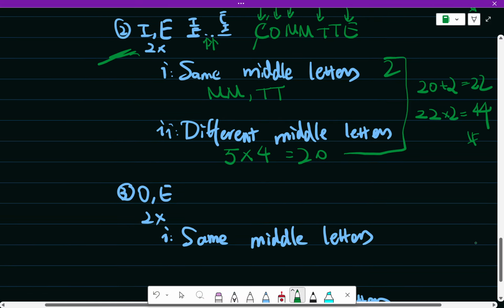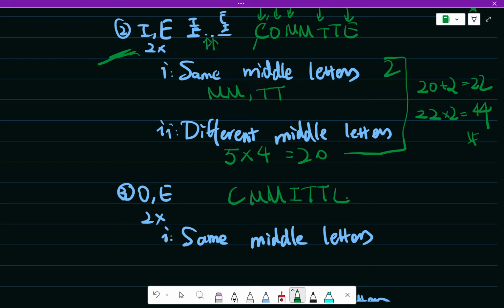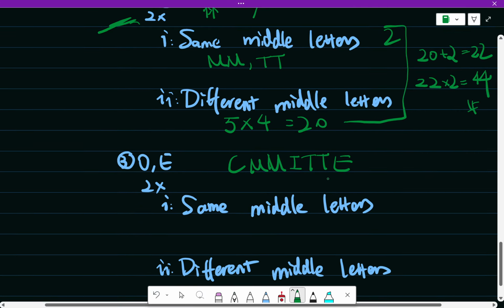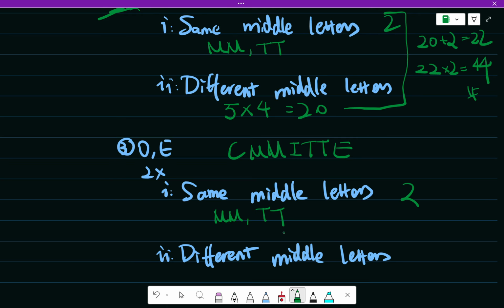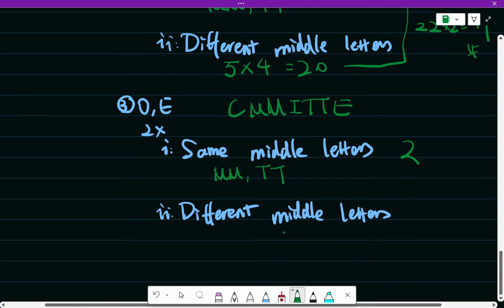Finally is OE. If we chose OE from the word committee, I will have C, M, M, I, T, T, E left. And if I want to do the same 2 middle letters, I still only have 2 possibilities because I can only do MM and TT. And if I want to do different middle letters, I can have C, M, I, T, E, 5 different letter choices for the first position.